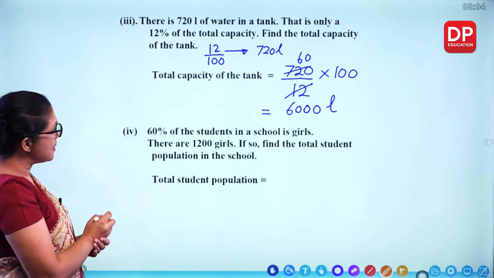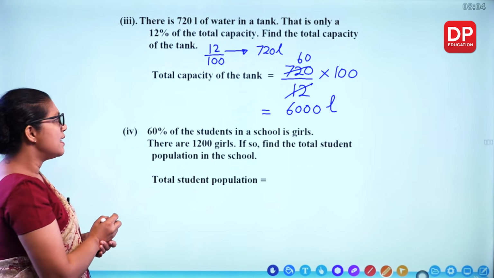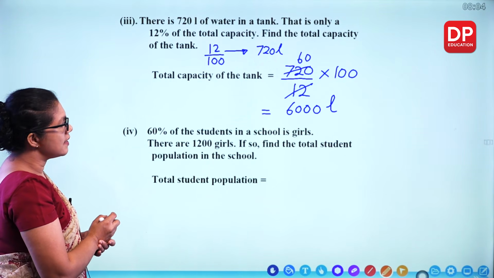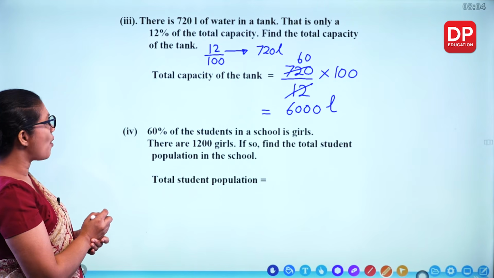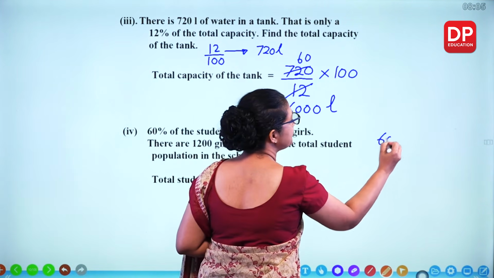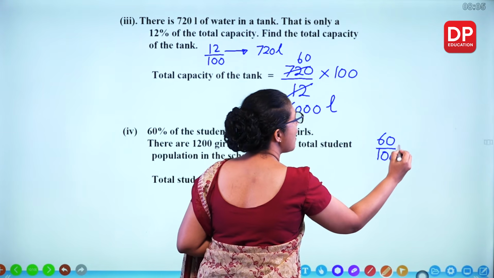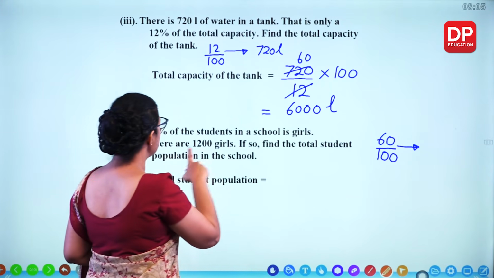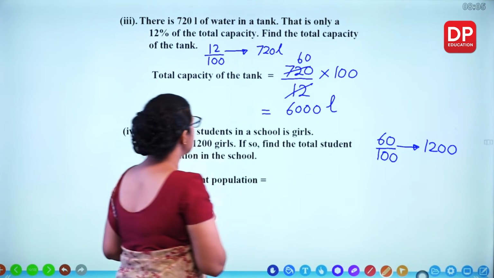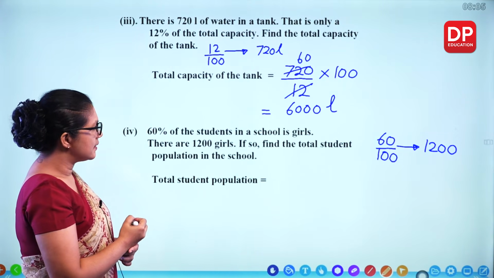This one, 60% of the students in a school are girls. There are 1,200 girls. If so, find the total student population in the school. So 60%. 60 out of 100 represents 1,200. That's the number of girls.